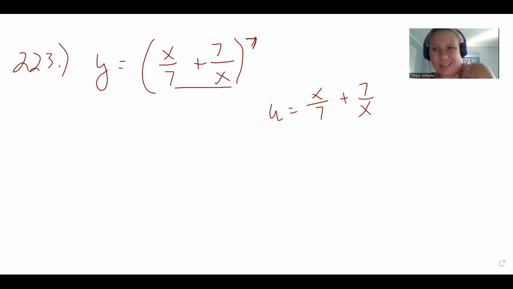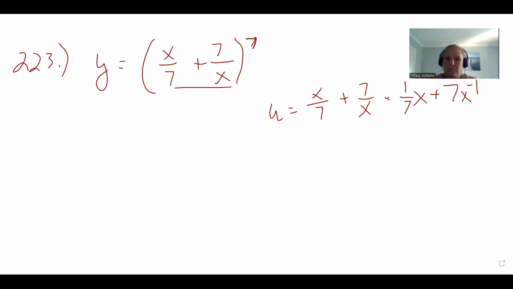Now I don't like the way that u is written, because eventually I know I'm going to have to take the derivative of u, right? We've seen that over and over again. The derivative of this is going to be kind of hard to take the way it's currently written. So I'm going to write u as 1/7 x, because x over 7 is the same thing as 1/7 x, plus 7x to the negative 1.